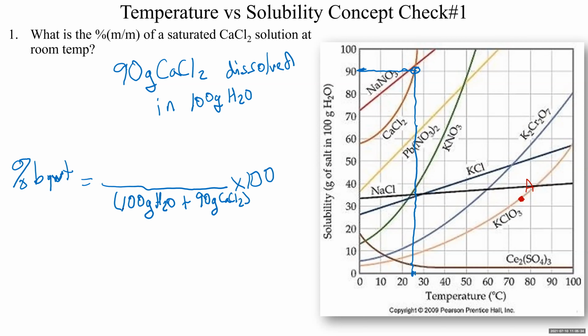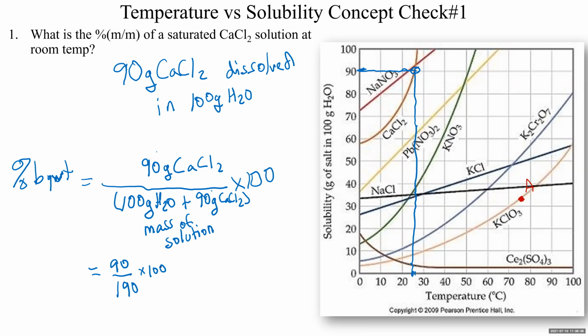That is the mass of our total solution. The percent by mass is always given over the mass of the solution. So we have 90 grams of calcium chloride on top. We have the part divided by the whole. Calcium chloride is the part, and the whole includes the part plus the remainder. So we get 90 divided by 190 times 100.